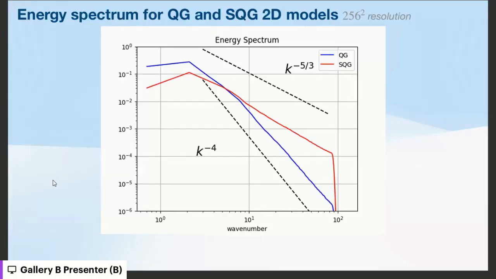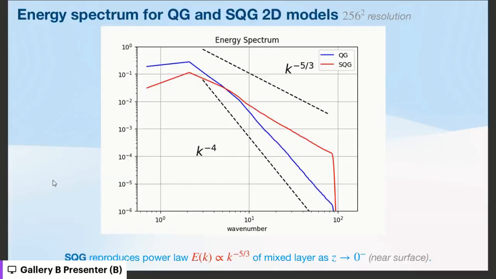So then Francis did some QG and SQG, very, very simple, idealized 2D models. So this is not Western boundary currents. It's not on the sphere. But interestingly, you see k^-5/3 for the SQG, which is what we see at the surface. And in fact, we compare it with -4, but it's really about -3.8, which we see as well.